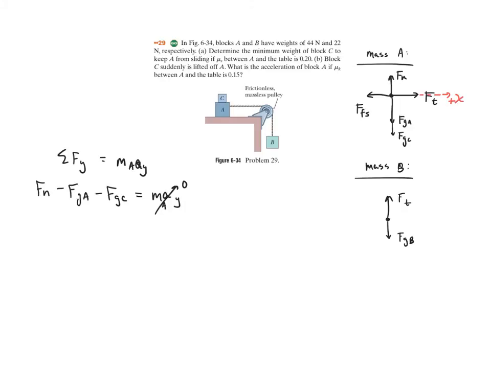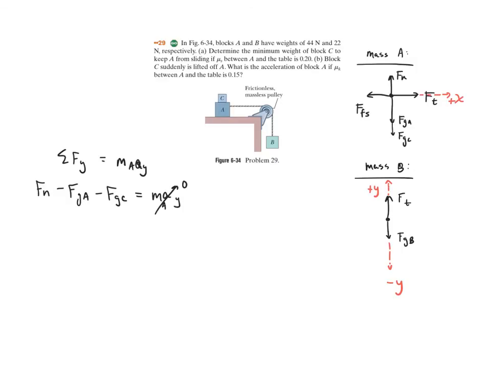Now, theoretically, I should really just make that negative x so it agrees with block B. Because look at block B. We're going to be calling this negative in a little bit, and that's going to be positive for block B, isn't it? So think about it for a moment. If the whole system were to move clockwise, this one would be moving with a negative acceleration. Wouldn't we want this one to also be a negative acceleration so they agree?